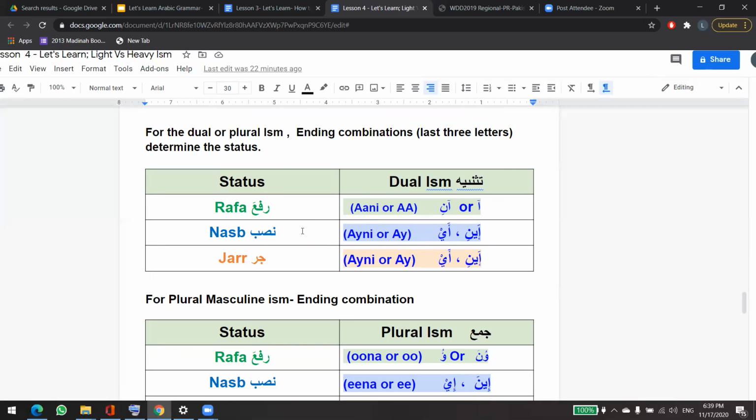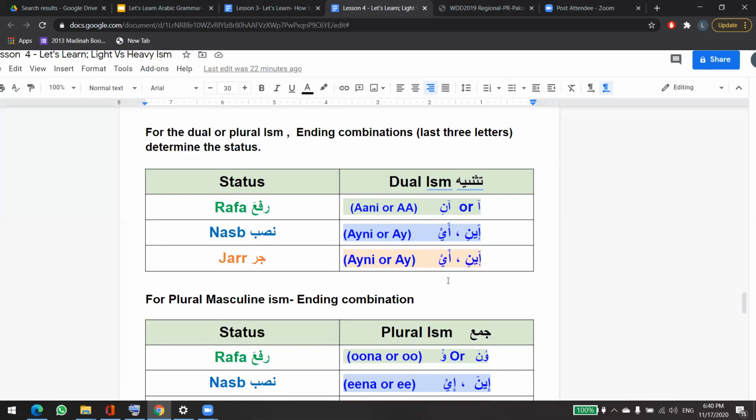And you know, for dual ism, the nasab and jar status are the same. So ani, aini, or a, ai. For the heavy version, we have ani, aini, and for the lighter version, we have a, ai.